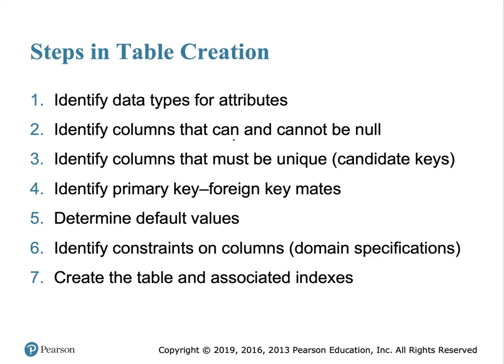We haven't actually spent a lot of time on that decision process, but you have to keep in mind that you can't simply say that all the columns will be not null, because there is just some data which we want to capture, but we can't guarantee we're going to have it. And if we say something is not null and then we can't put anything in there, we can't create a record. So you have to think about the balance between what can be and what cannot be null.